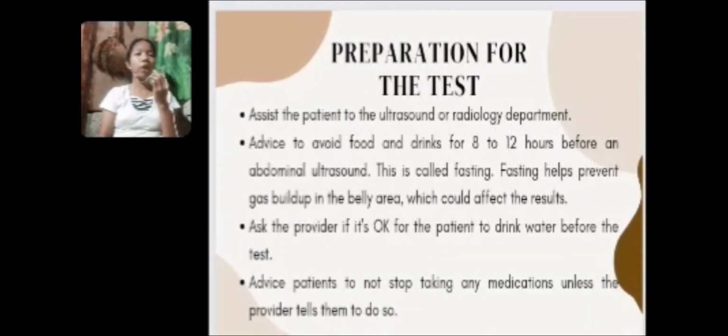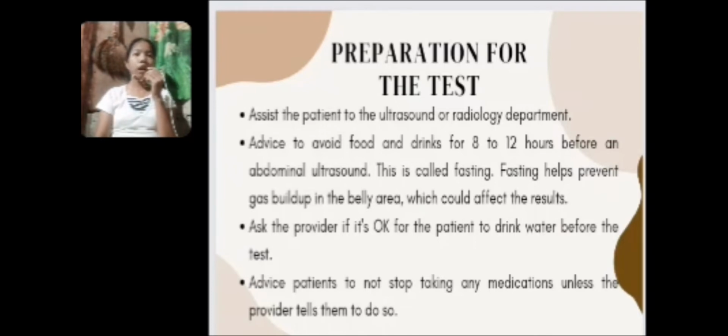Next is the preparation for the test. Assist the patient to the ultrasound or radiology department. Next is to advise to avoid food and drinks for 8 to 12 hours before an abdominal ultrasound. So this is called fasting. Fasting helps prevent gas buildup in the belly area, which could affect the result.